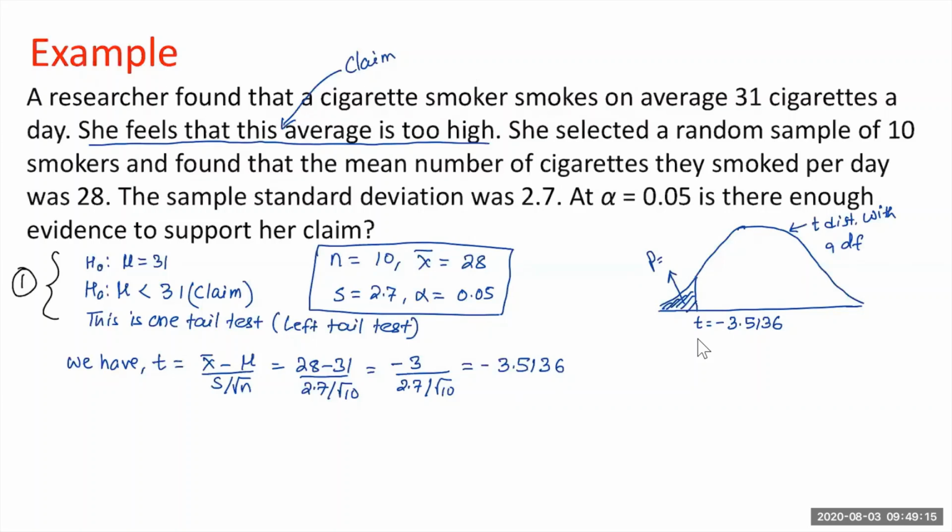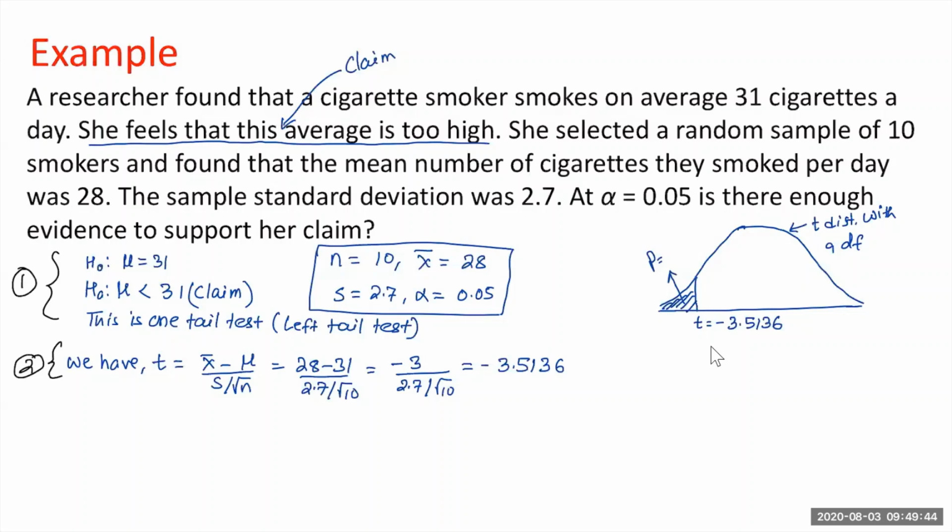Okay, that is your second step. In the second step, we have to find the test statistic and label that properly in the distribution. Now the third step is to find the p-value. In order to find the p-value, you can see this is the probability or the area. If it was a z distribution, we use normal CDF, but this is the t distribution, so we use the TCDF.